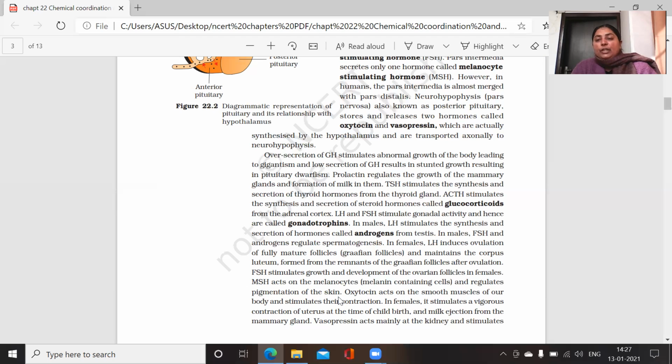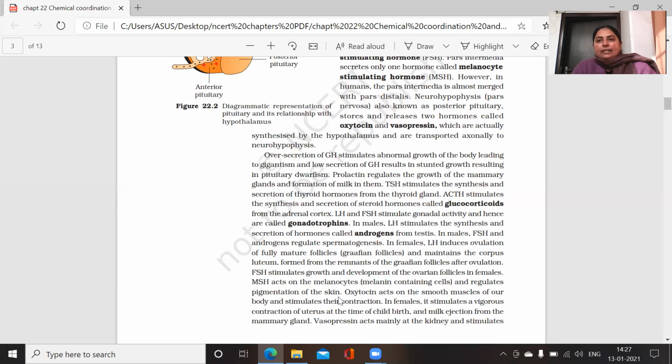In females, luteinizing hormone induces ovulation, that is the release of the ovum from fully mature follicles, which are known as Graafian follicles. It also maintains the corpus luteum formed from the remnants of the Graafian follicles after ovulation.